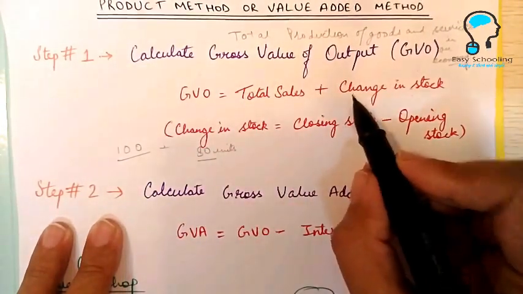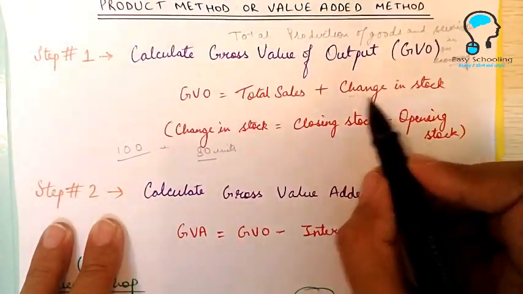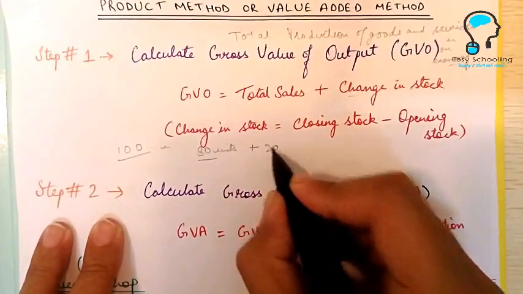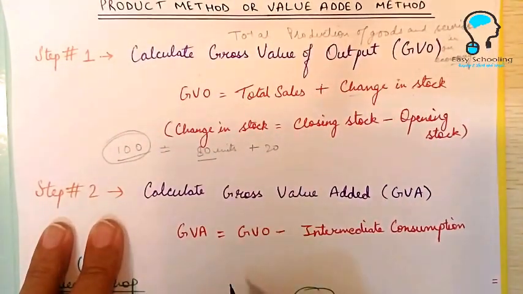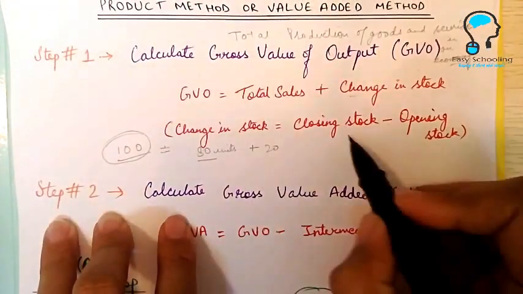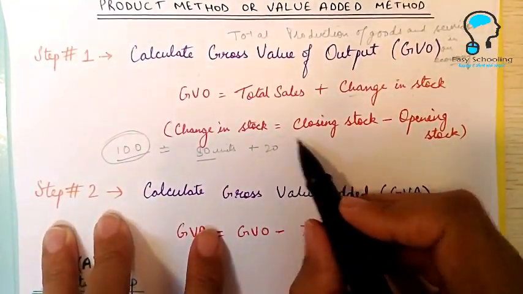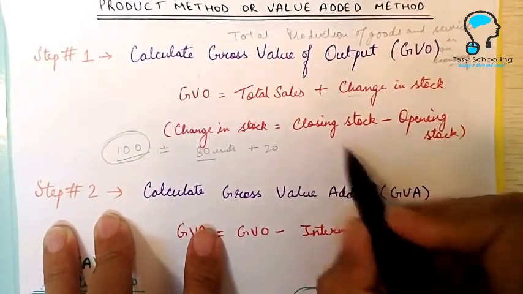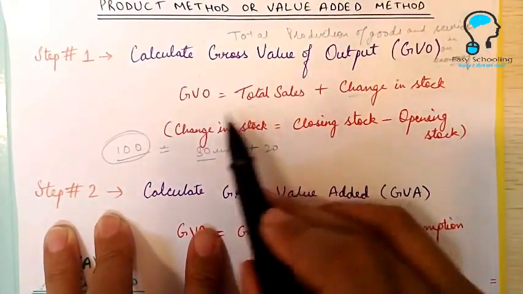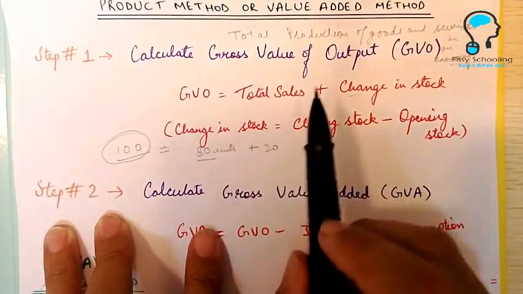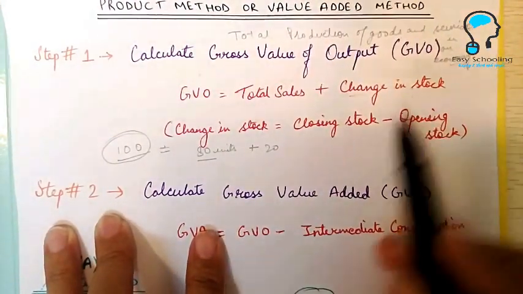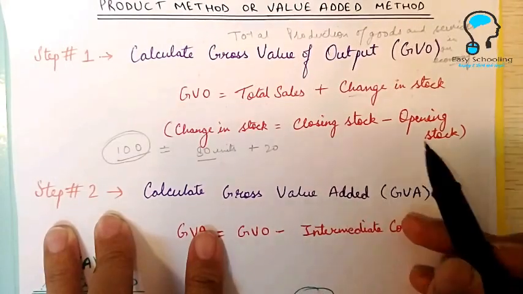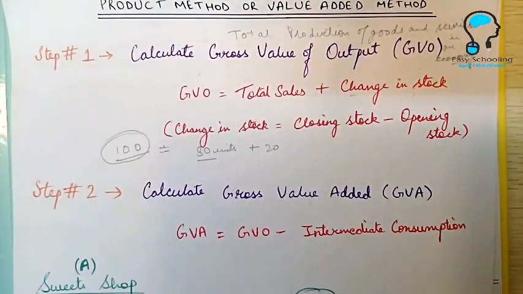That also you need to add, and that is called the change in stock. When you add change in stock, the unsold units, that is going to give you your total production. Change in stock you can calculate by subtracting opening stock from the closing stock. So first step, you need to calculate GVO, that is total sales plus change in stock. Change in stock is closing stock minus opening stock.